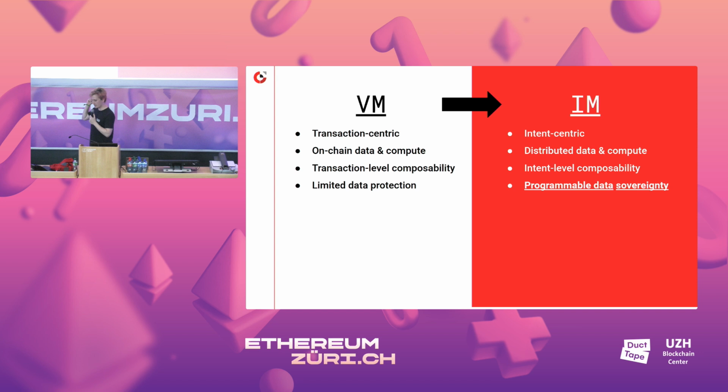One of the big things is when we say we'll end up in a world of programmable data sovereignty, data moves to edge devices. Currently we live in a world where there's a large blob of data in the middle and then we all do some compute over this large blob. This is A, super bad from a privacy perspective, and B, super inefficient from a compute perspective. So we're moving to a world of more and more data living in edge devices, and intents are the right way to represent this.